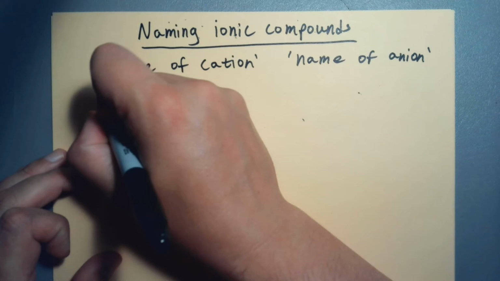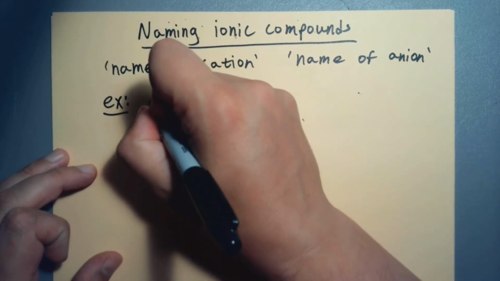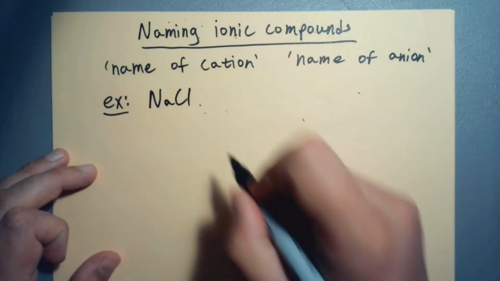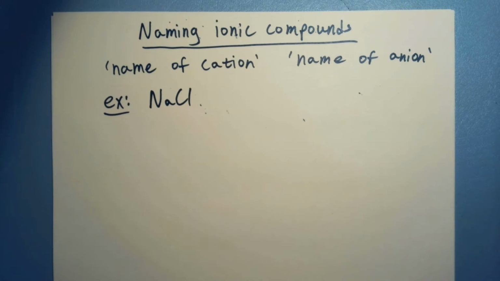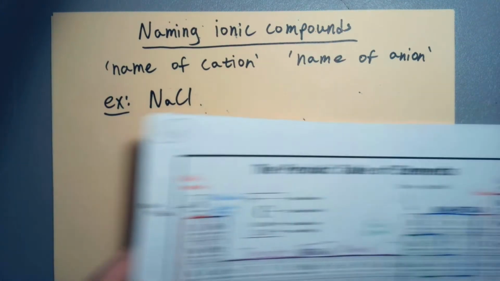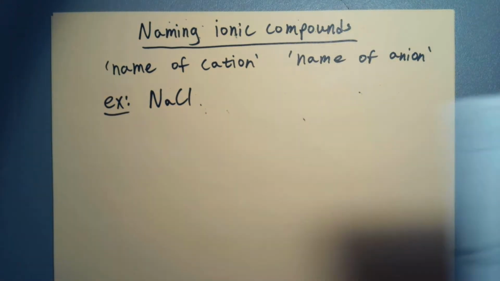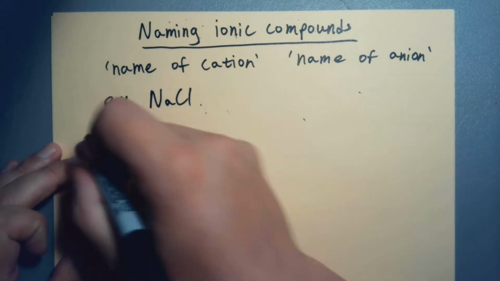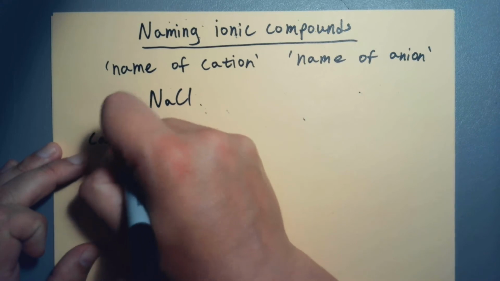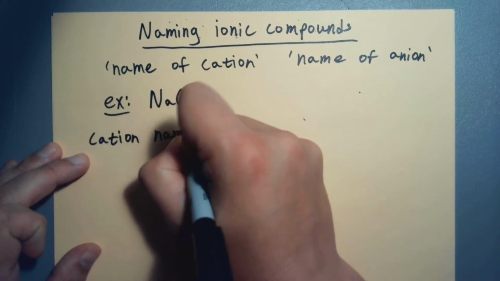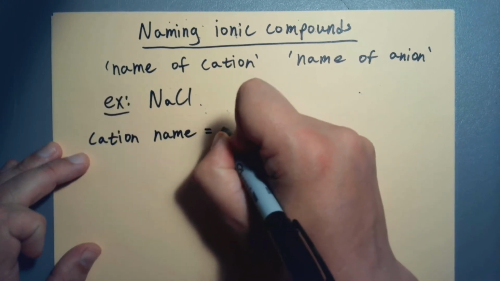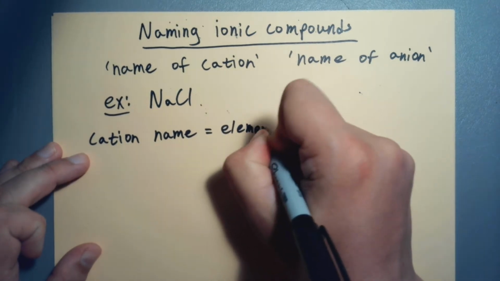And so let's look at an example here, one of my go-to examples, NaCl. So this is table salt. What's Na? Well, we look at our periodic table, it's sodium. And for a cation, it's just the name of the element.